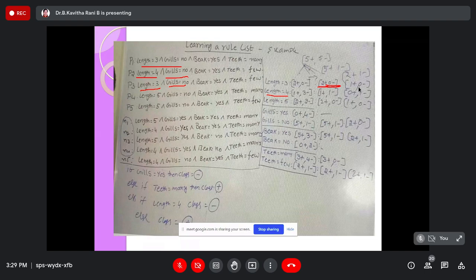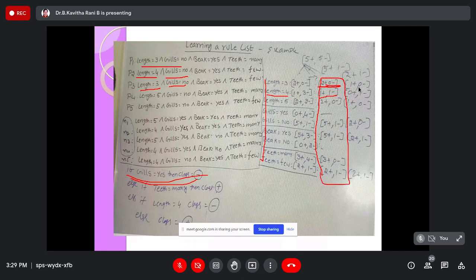Gills is equal to no anunte consider cheyali ani mana condition we have specified here. Okay, so in the same way 1 plus 1 minus you will get. So you have to check for all the other conditions also with comparing with this particular rule. Okay, then you will get this output.